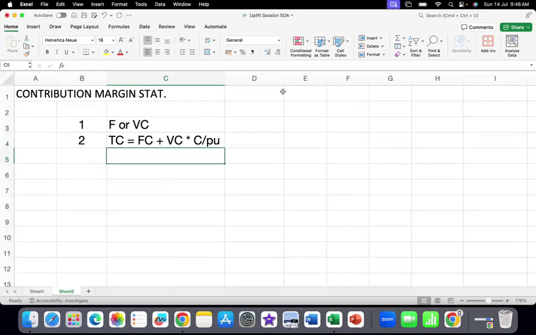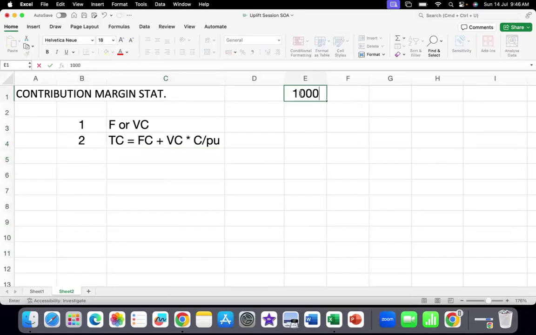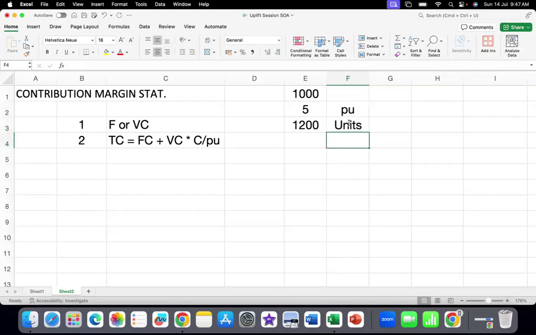Let's say your fixed cost is 1000, your variable cost per unit is 5, and the number of units which you have produced are, say, 1200. So this is your fixed cost, this is your per unit cost, and these are your units.